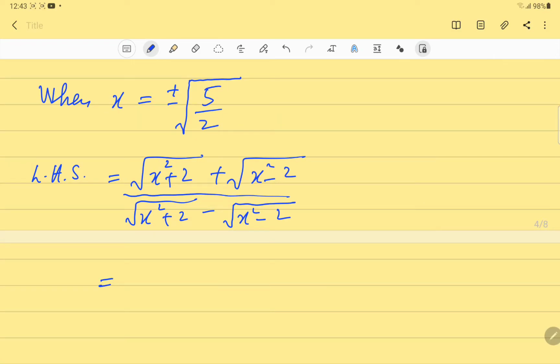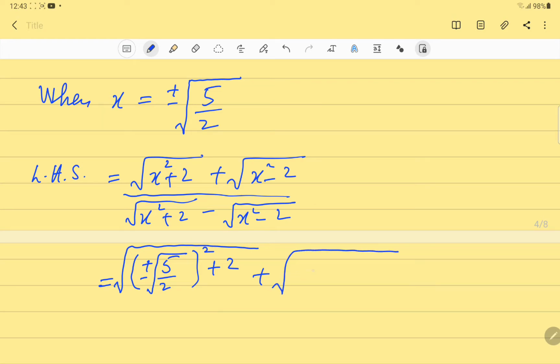Let's replace the value of x, which is plus minus square root of 5 over 2, squared plus 2, plus, minus square root of 5 over 2 squared minus 2.